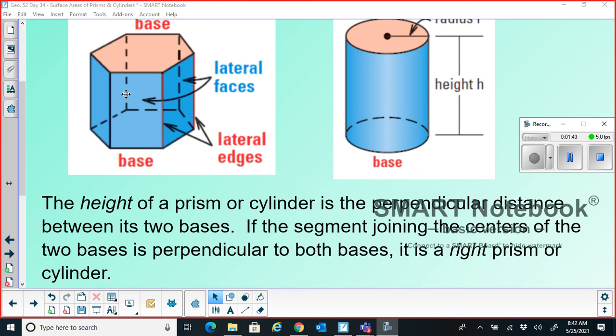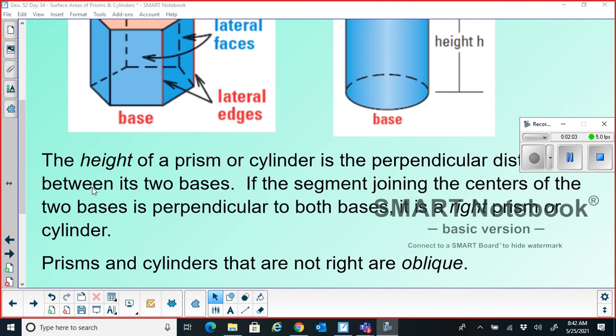So whenever I join the centers of the two bases, and the line is perpendicular to the bases at both places, then the prism or cylinder will be a right prism or a right cylinder. We will mostly stick with the right prism or right cylinder until and unless I have problems specifically mentioned.